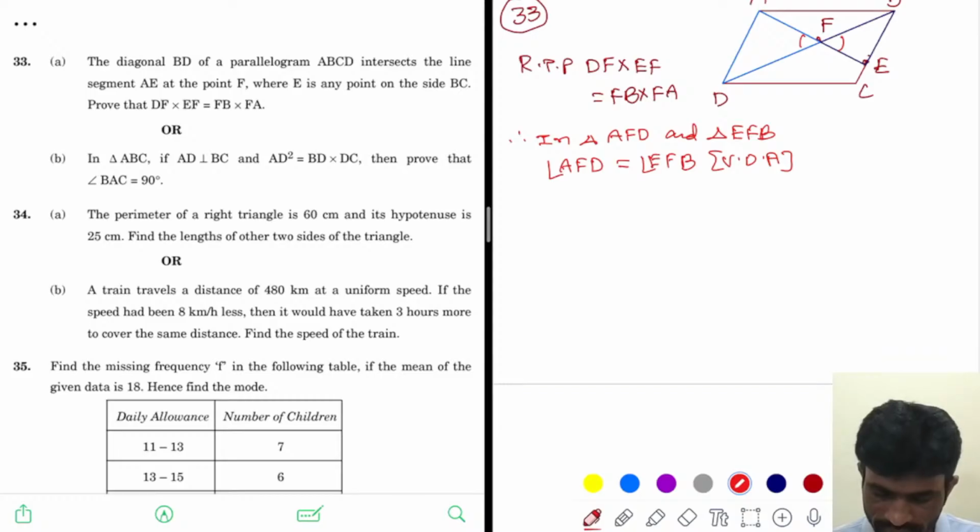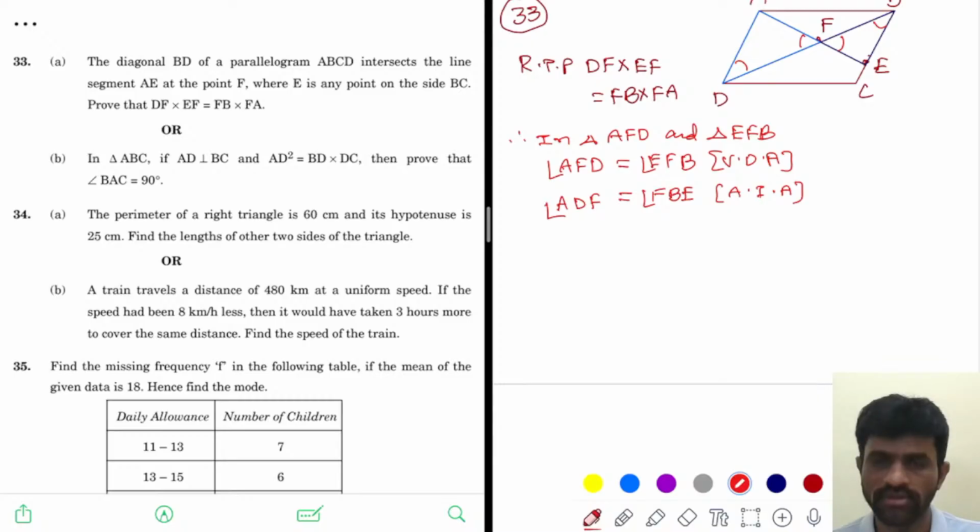Next, these two angles are alternate interior angles. Angle ADF is equal to angle FBE because they are alternate interior angles.